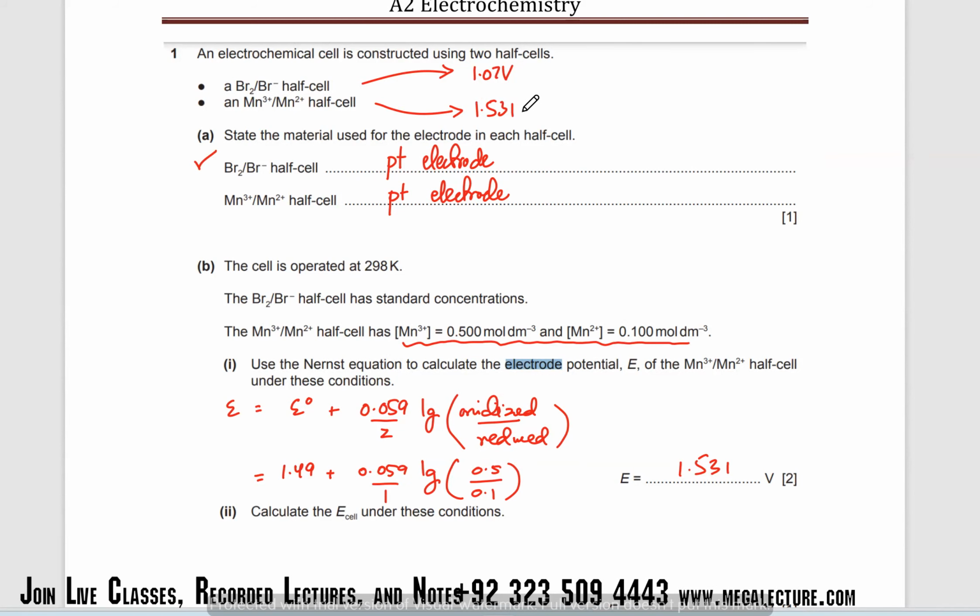Reduction minus oxidation. So E cell would be 1.531 minus 1.07. If we take 1.53, it's going to be 0.46 volts.